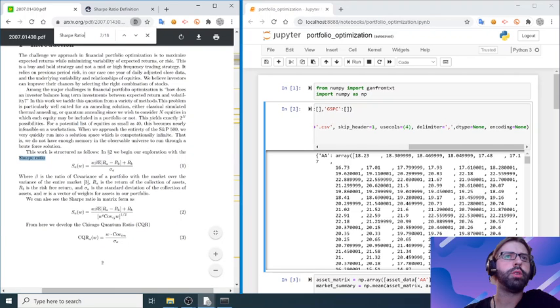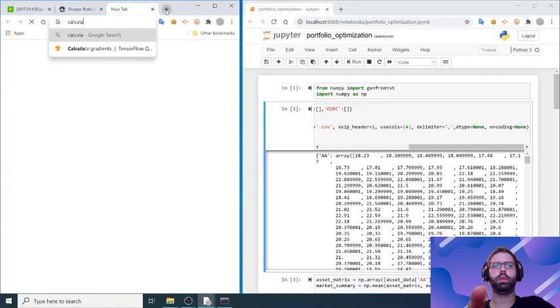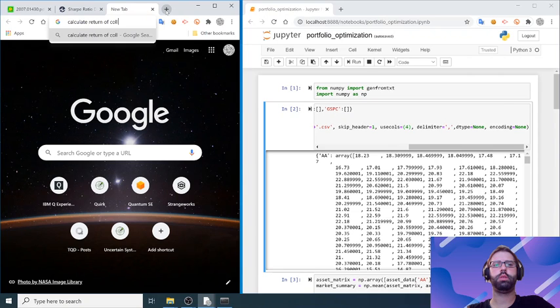It's the return of a collection of assets. Calculate return of assets.